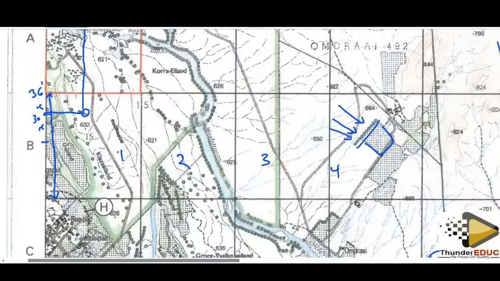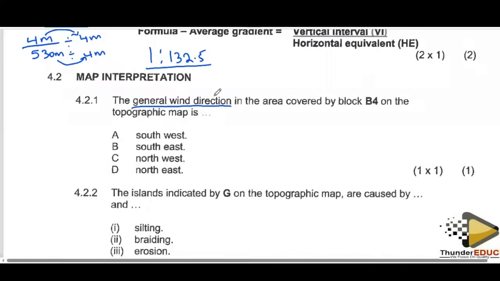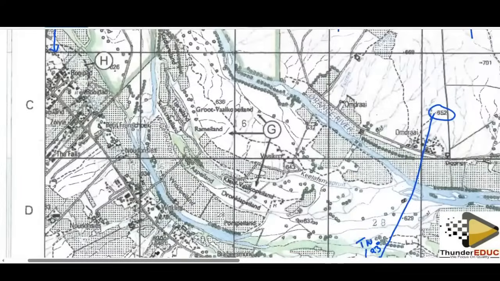If you use the compass, put our compass somewhere here in block B. So these winds are coming from the northwest, by the mere fact that we are looking at the rows of trees in this area. This is our G. So there are islands there, and islands there, to show that there is a river flowing over that particular area.